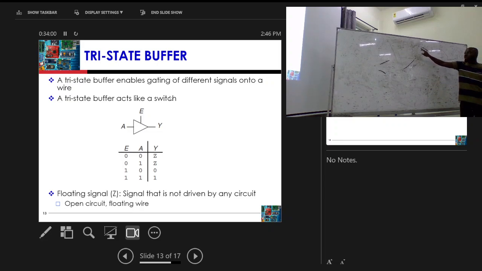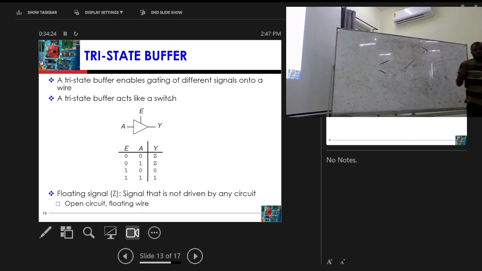Pay attention. There's always an output, either 0 or a 1. Every time there's an output. But there are times that you don't need an output, or you want the output to float. You don't want your output to be 1 or 0. So that's when you use what is known as the tri-state buffer.